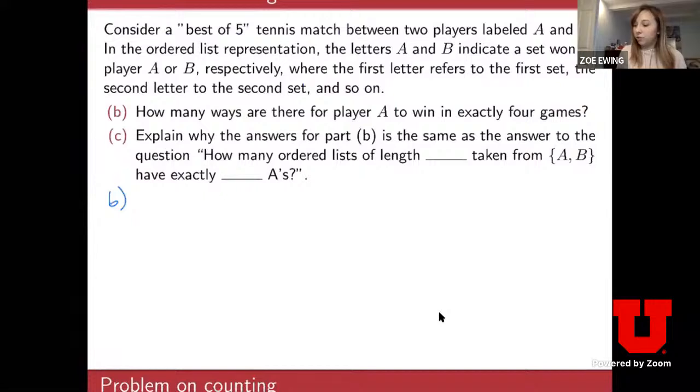Okay. Next one, let's start with B. How many ways are there for player A to win in exactly 4 games? Does anyone want to say what one sequence would mean that A wins after 4 games?